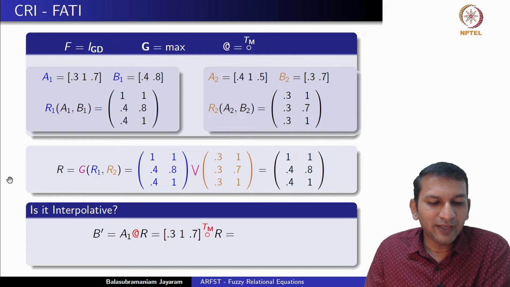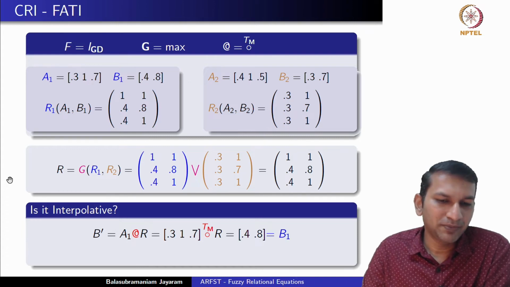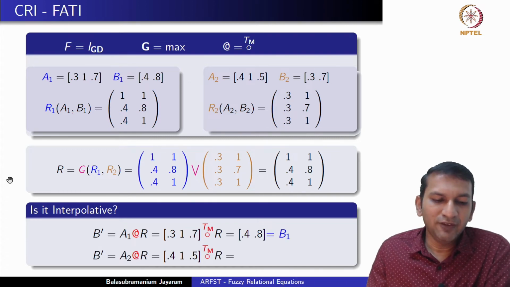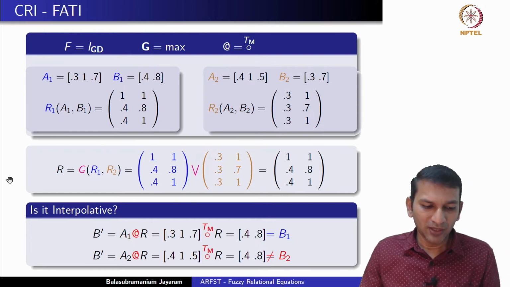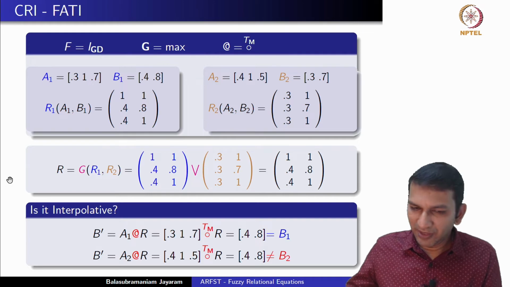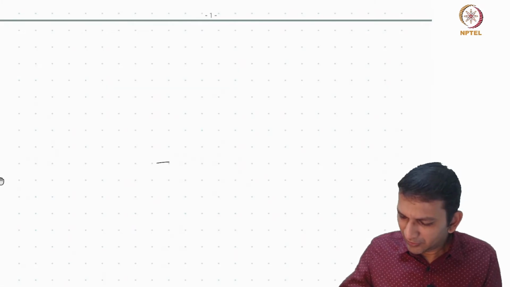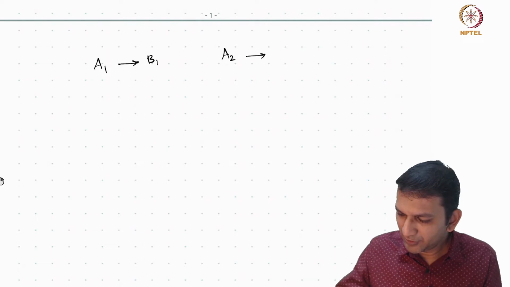We saw that if we gave A1 as the input, then A1 composed with R, we actually obtain B1. However, when we gave A2, this was not the case, because we could not obtain B2. Now, what does it mean? We have A1 implies B1, A2 implies B2.